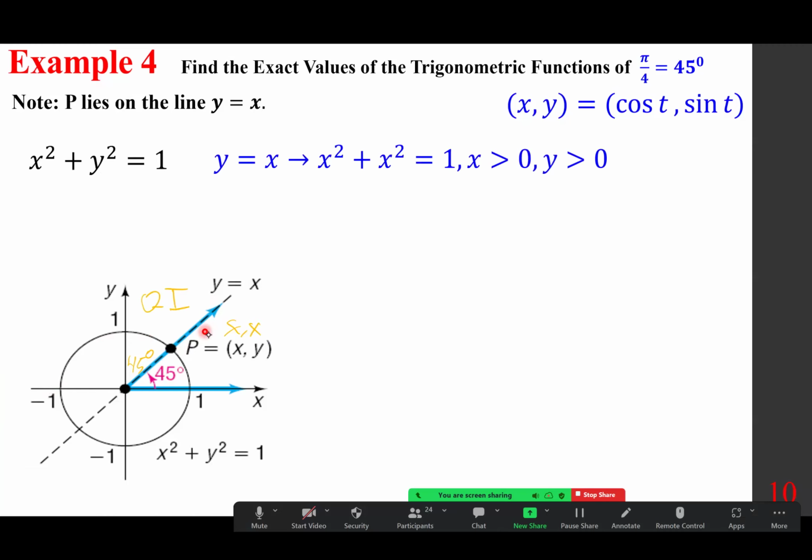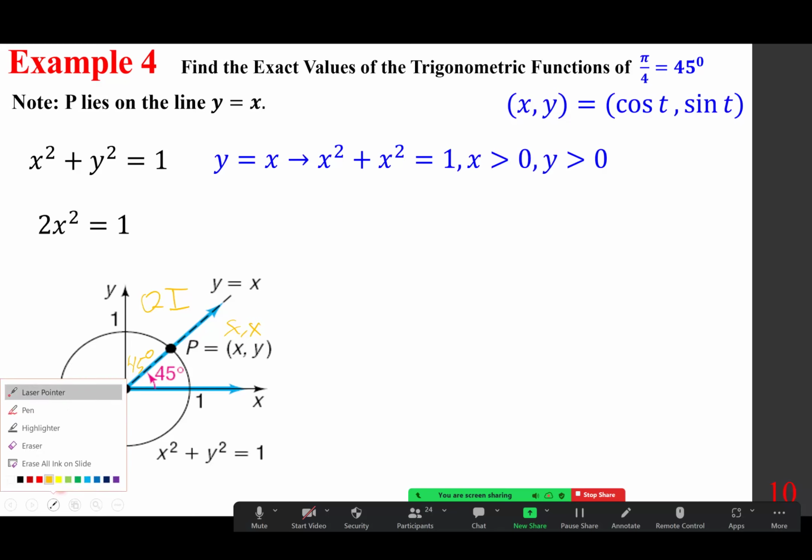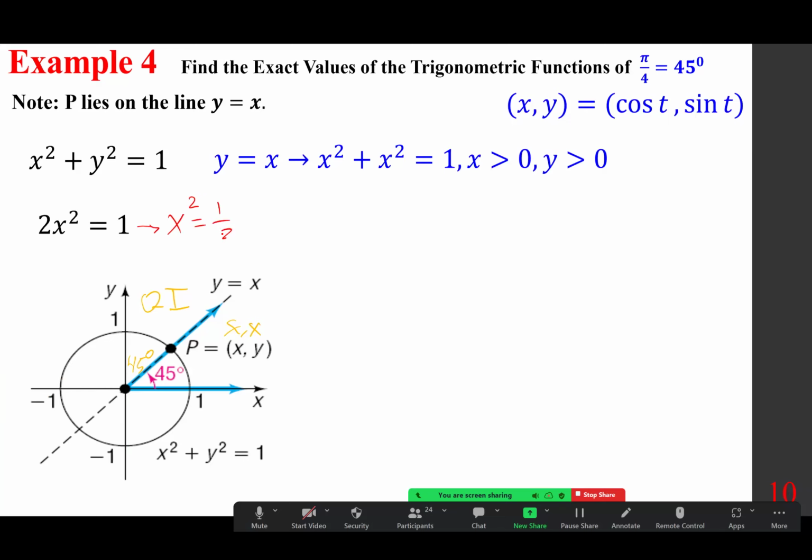So having said that, 2x squared is 1. X squared is 1/2. X is plus or minus the square root of 1/2, but we keep the positive one. And we rationalize it to square root of 2 over 2.